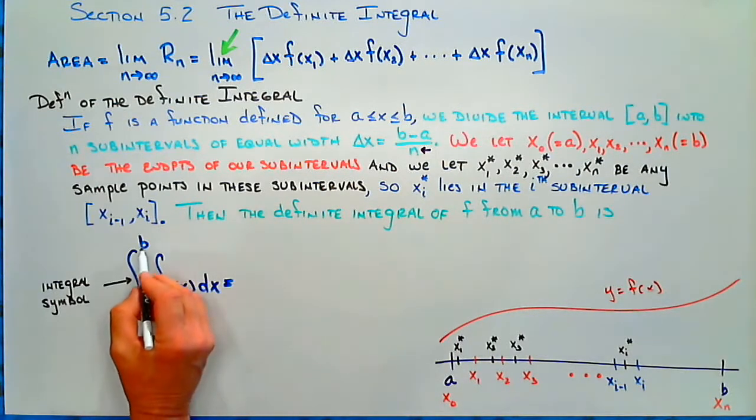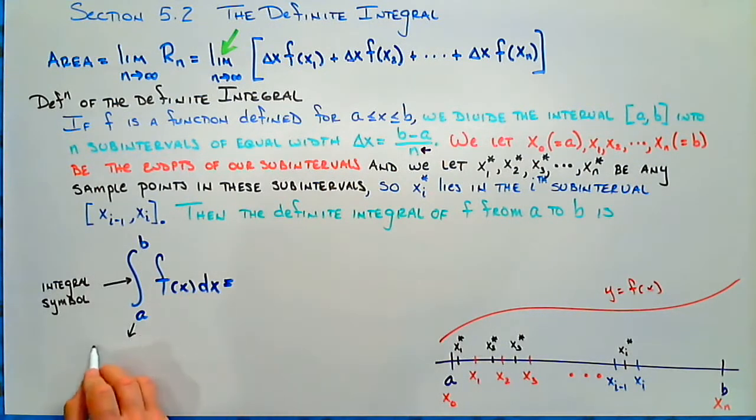From a to b. We refer to a as the lower bound. It is the left-hand side of our interval. It is the lower number. A is a smaller number than b, so we refer to it as the lower bound.